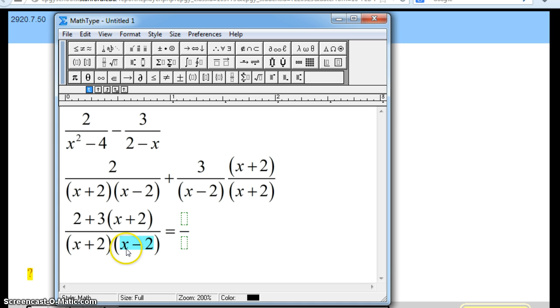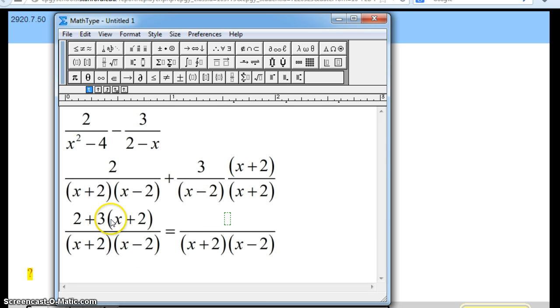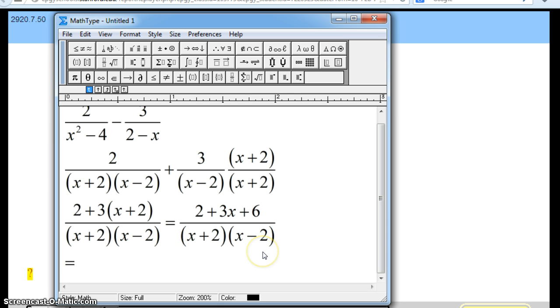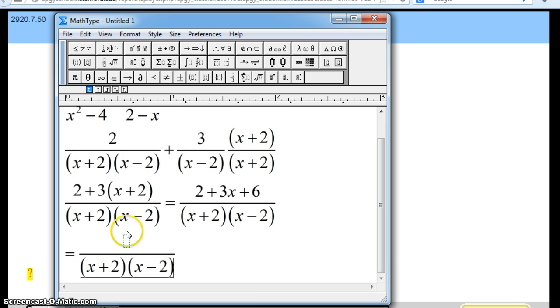Well, we have the same denominator, and let's expand this. So that's 2 plus 3x plus 6. Well, we can combine the 2 and the 6, so that equals 3x plus 8.